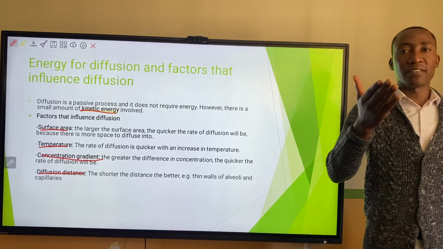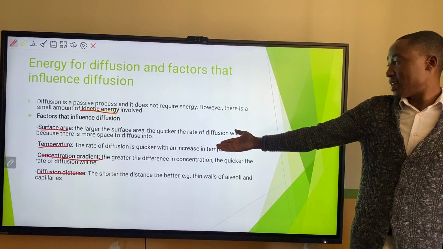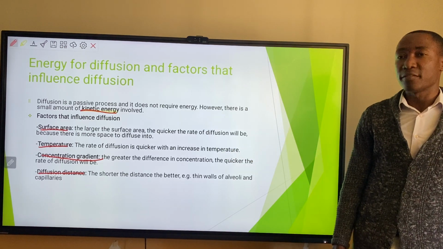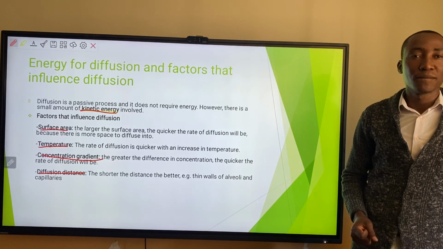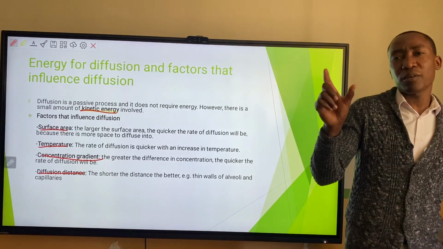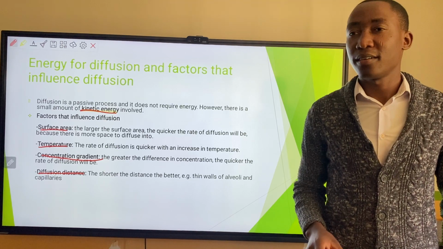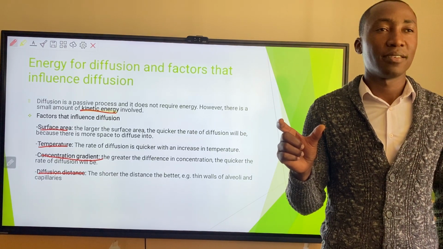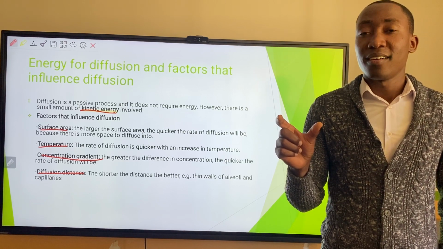And then we have concentration gradient. What about concentration gradient? I know it's there on the board, but what does it mean there? It says the greater the difference in concentration, the quicker the rate of diffusion. Can someone explain that in English or in simple terms?